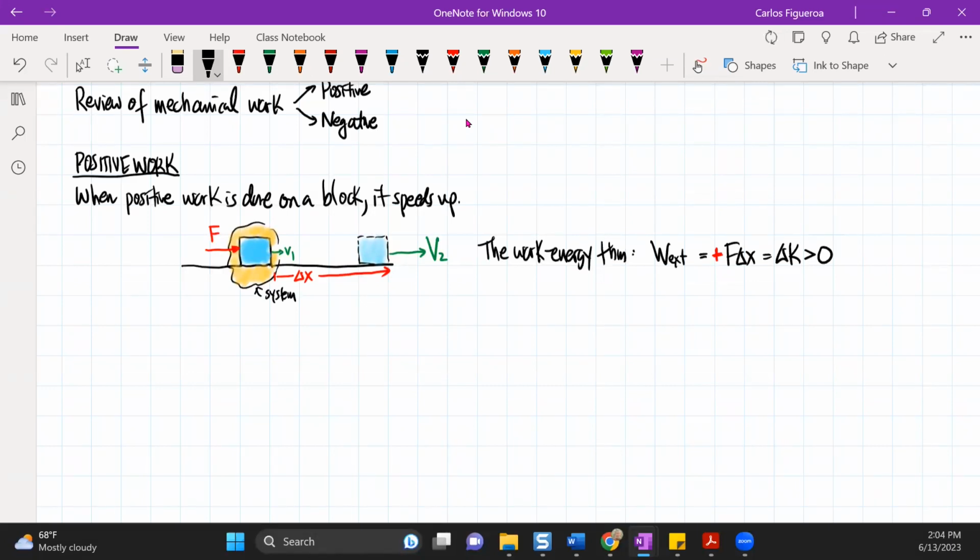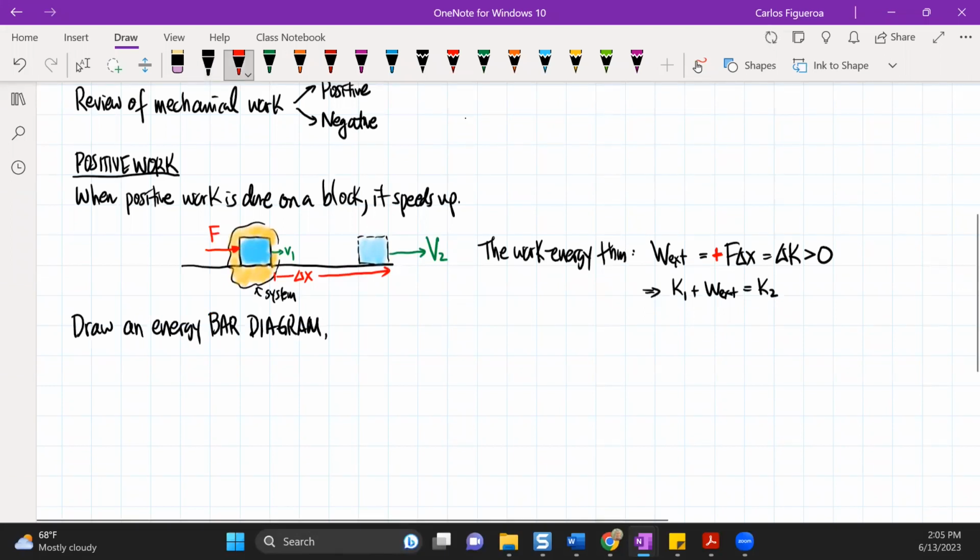Now, the way to interpret this graphically is that we rewrite this like we've been writing before: here's the kinetic energy. Here's our external force, and it increases the kinetic energy because the work is positive. Now, if I draw an energy bar diagram, what we see is that the system started with this amount of kinetic energy, which I'm going to call K1.